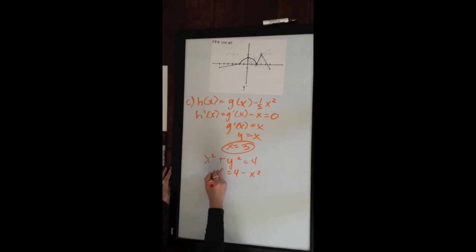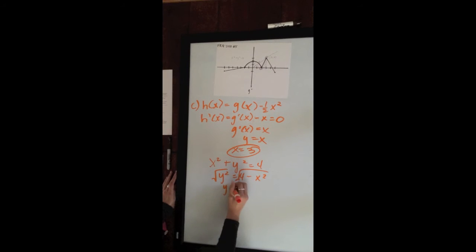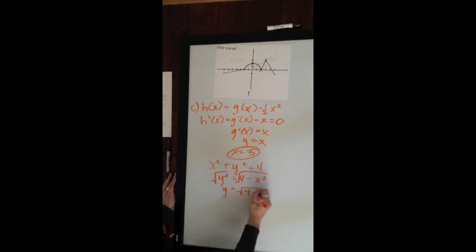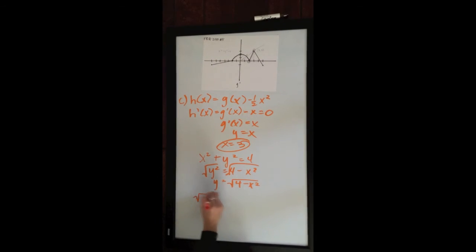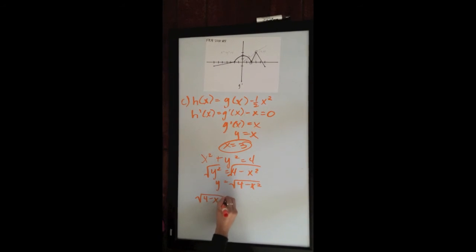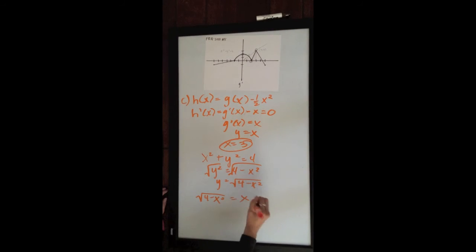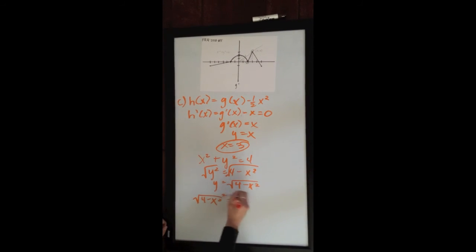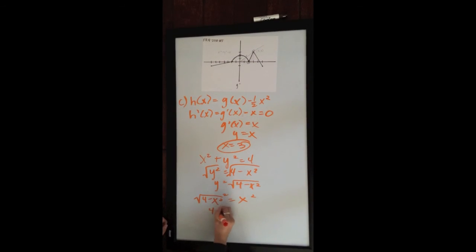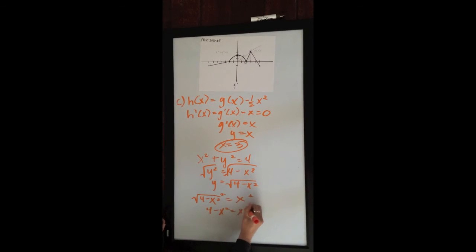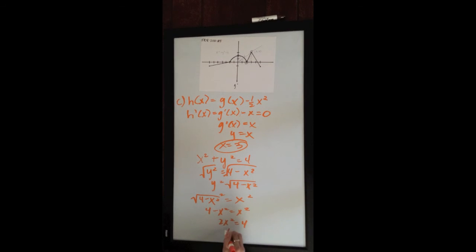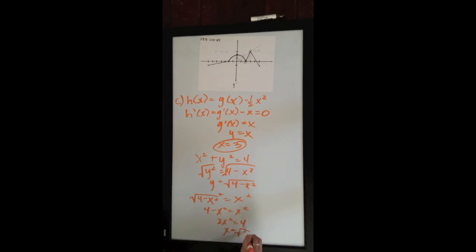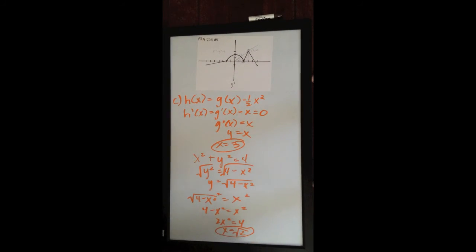And you square root both sides to get y. And then we're going to set square root of 4 minus x squared equal to x. And you square both sides, and you get 4 minus x squared equals x squared. So you get 2x squared equals 4, and x equals square root of 2. So this is another critical point.